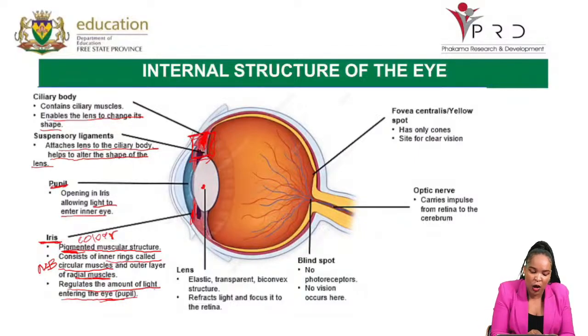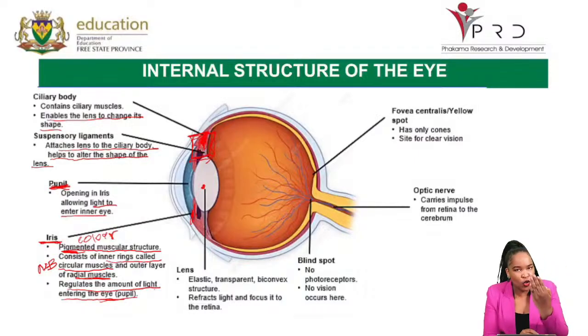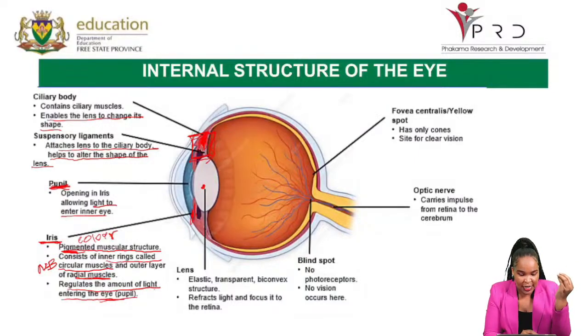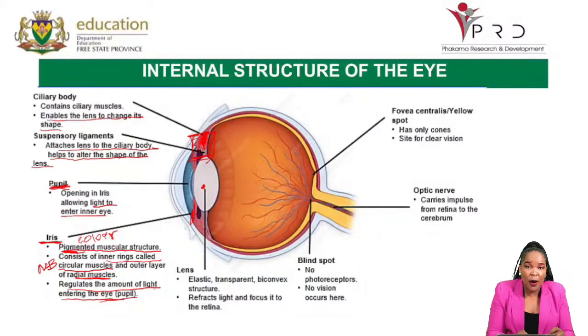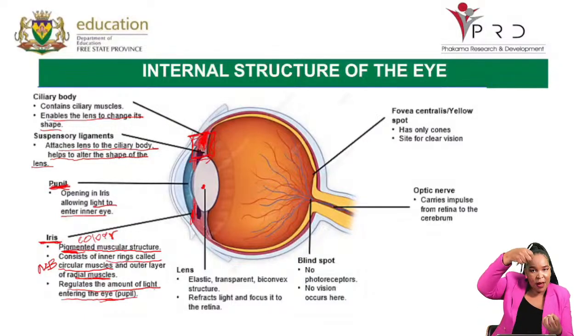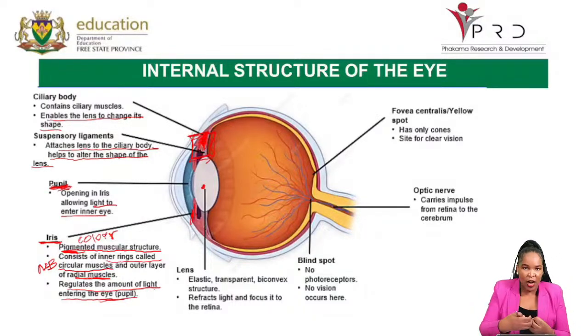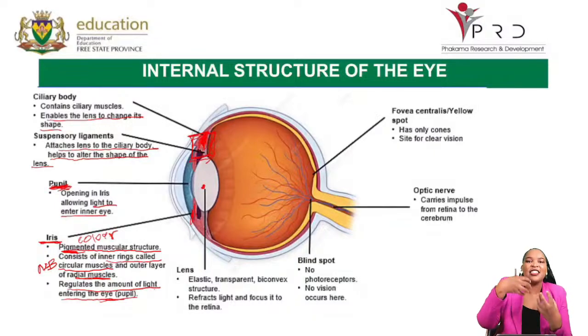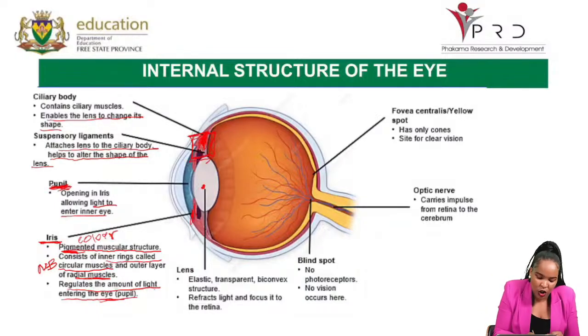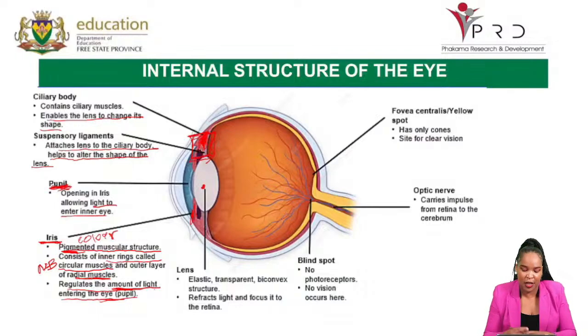So unlike the pupil, which only allows light to pass through, this opening is controlled by the muscles around it. The muscles of the iris work together with the pupil to determine how much light we want to pass through. So it controls the amount.